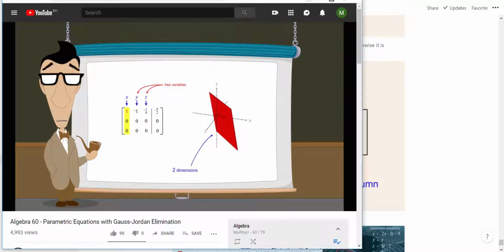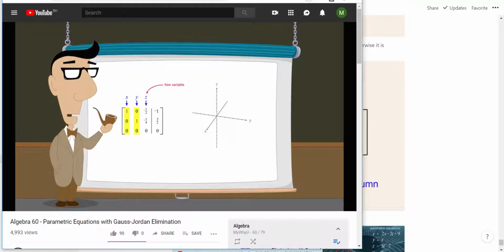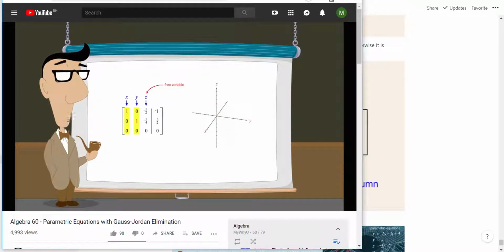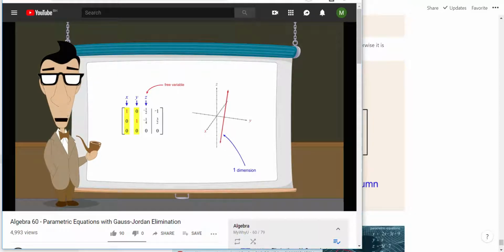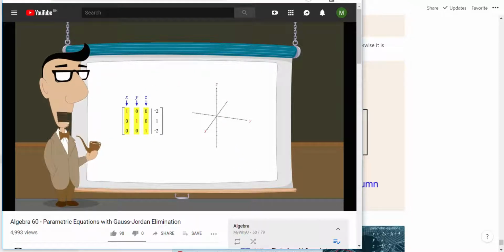If there is 1 free variable, the infinite solution set will be represented by a 1-dimensional line. And if all columns left of the vertical line are pivot columns, there are no free variables, and the solution set will be a 0-dimensional point corresponding to a single unique solution.